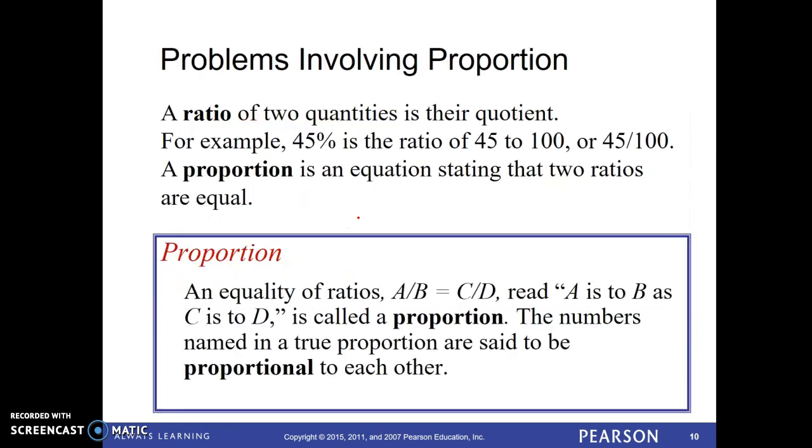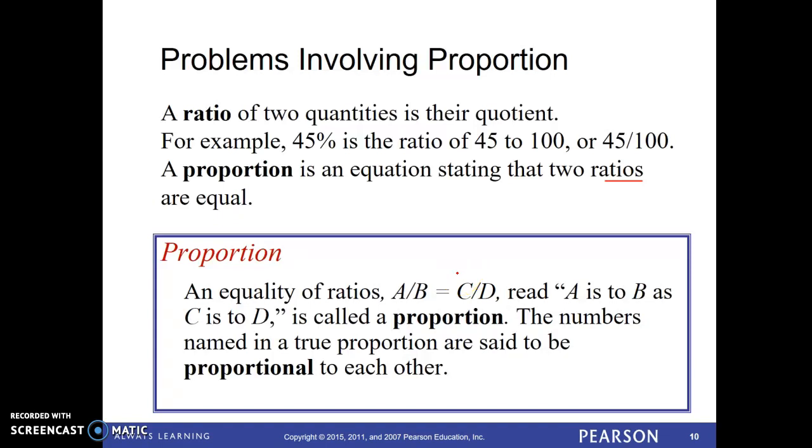Now, problems involving proportions. The ratio of two quantities is their quotient. For example, 45% is the quotient of 45 over 100. A proportion is an equation stating that two ratios are equal. Ratios, we know, are basically fractions. So when we have two fractions equal to one another, then we say that this is a proportion.